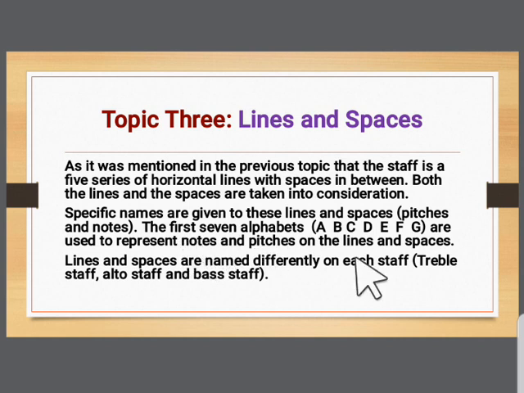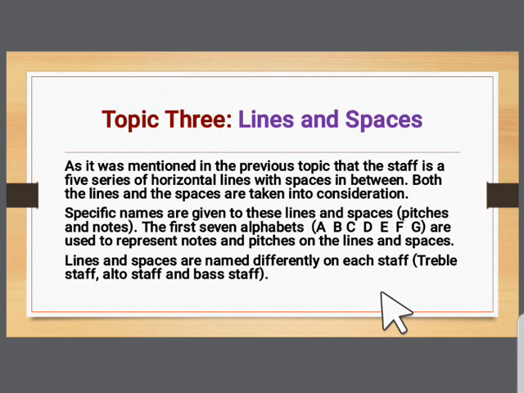The first 7 alphabets, A, B, C, D, E, F, and G, are used to represent notes and pitches on the lines and spaces. So the lines and spaces are named after the first 7 alphabets. And lines and spaces are named differently on each staff.